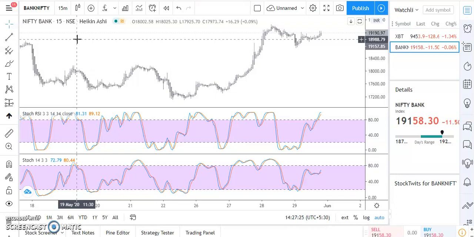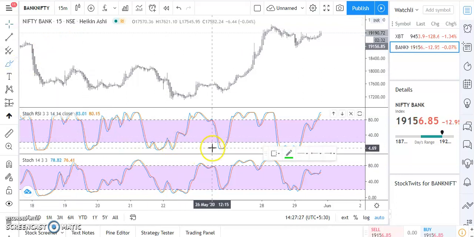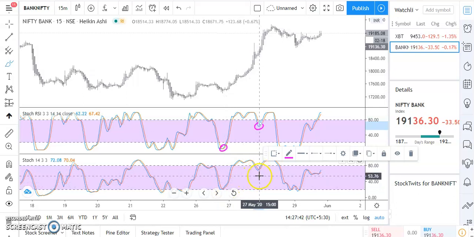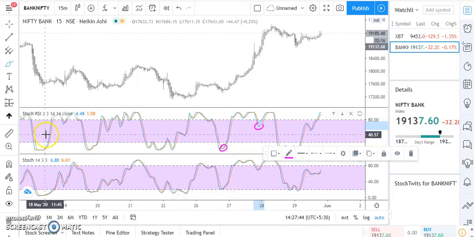For example, the crossover here is one crossover, here is one crossover, and here is also one crossover. You enter when you see a crossover in both stochastic RSI and stochastic.